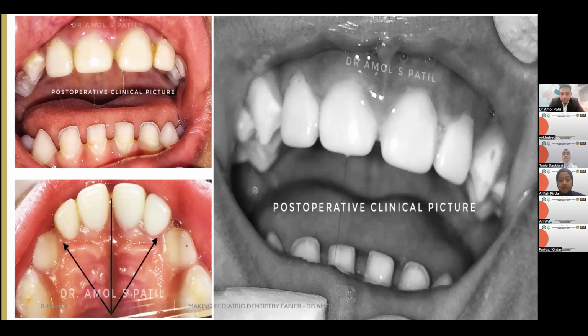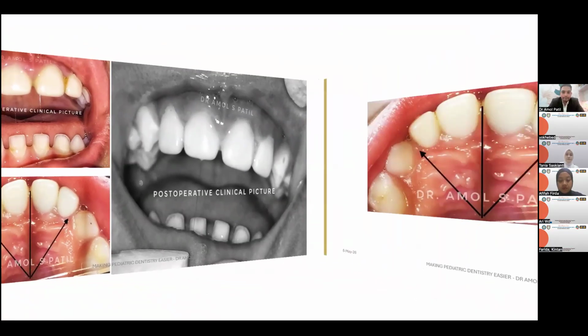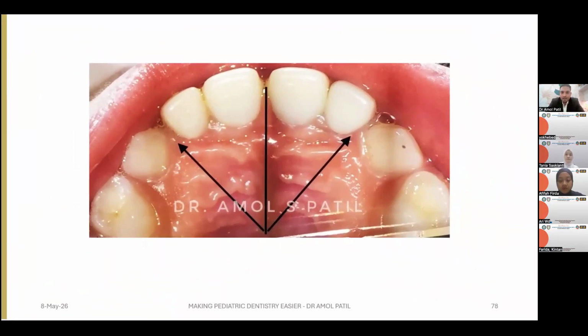So the trick over here is to cement two crowns at a time. Either you can cement the crowns on the right side first and then on the left side, or else 5-1 and 6-1 at one point of time, then 5-2 and 6-2 later on. In that manner, we can hold all the teeth nicely, maintaining the symmetry of the teeth lingually also.